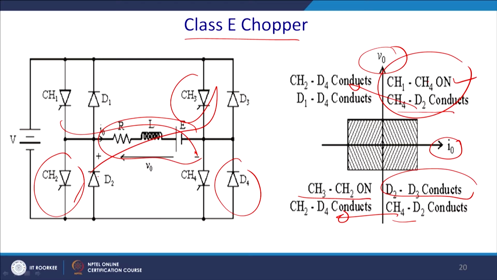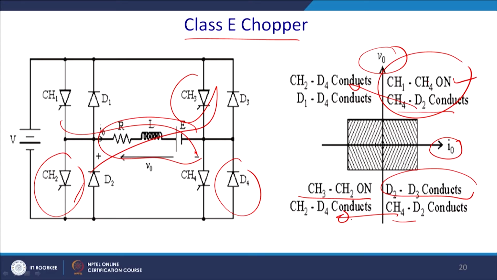And now in this zone you can find that CH2 and CH3 are on in the same way. So, this will be on and CH2 and D4 will conduct. Here CH4 and D2, here CH2 and D4, just the mirror image of this operation.